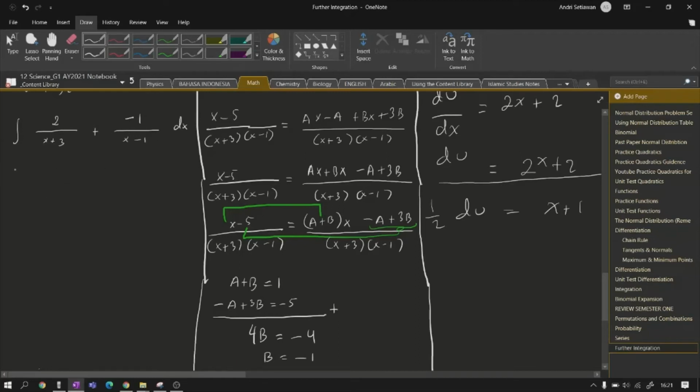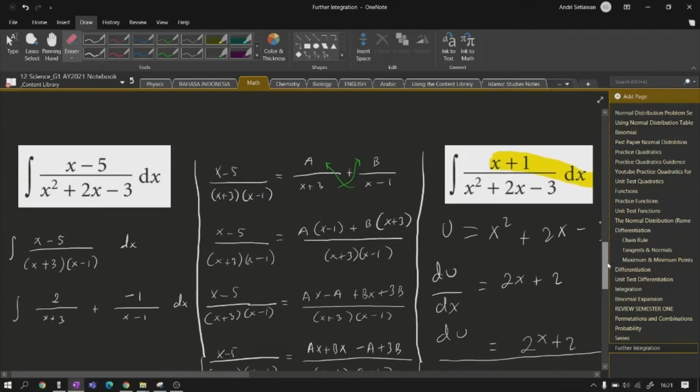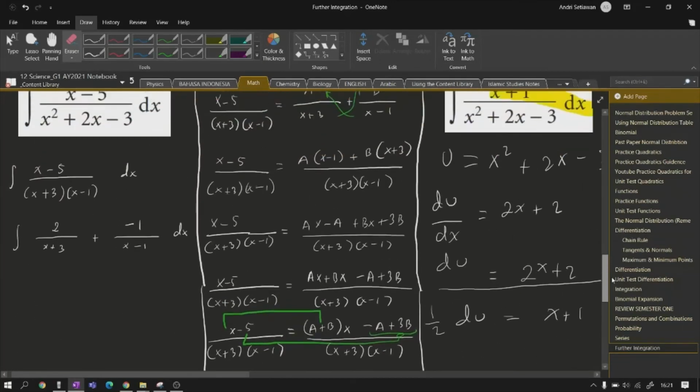Let's use substitution for this equation. u equals x plus 3, du over dx equals 1 because the first derivative of x is 1. du equals 1 dx.